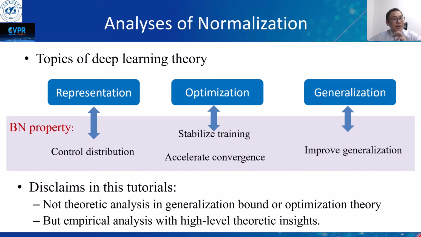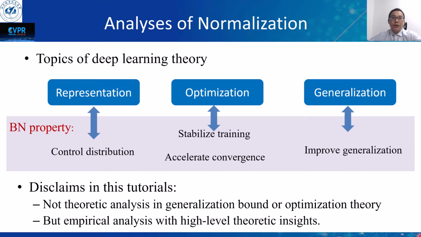We should say there remains little consensus on the exact reason and the mechanism behind BN's performance. The theoretical analysis of BN and its effectiveness in deep neural networks is still an active research topic. Here, we do not discuss rigorous theoretical analysis, for example, what is the bound of excess risk or generalization error of normalized models, or whether BN can improve the theoretical convergence rate.